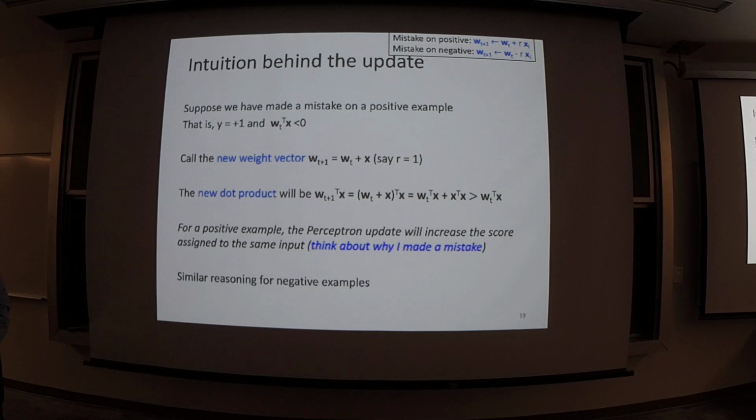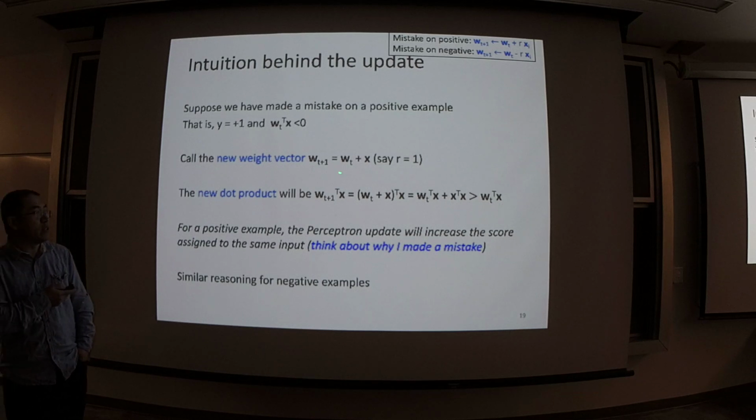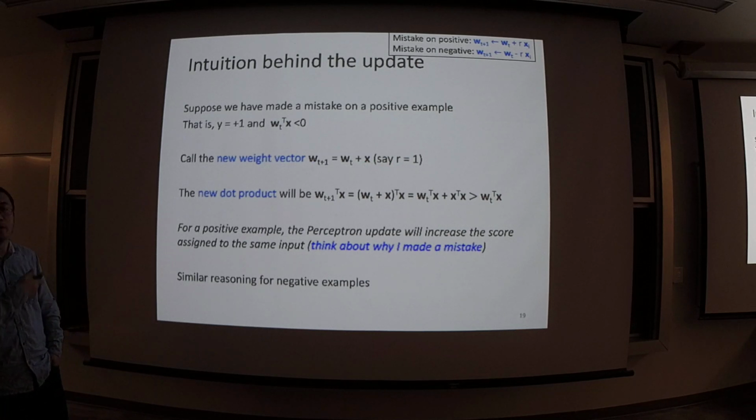Then, according to our rule, our new weight vector is obtained by adding the current weight vector WT with the current input vector X. Here we set R to be 1. So what's the effect after we do such an update?